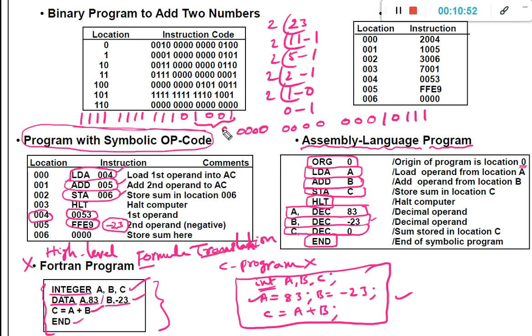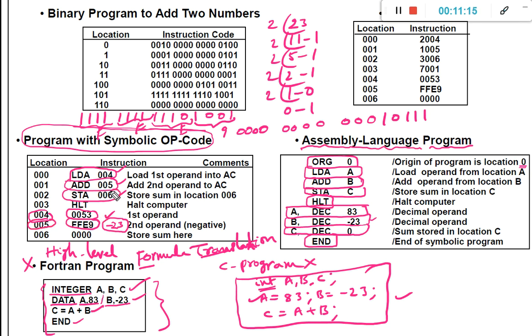That is 1 0 0 1 is 9, 0 1 1 1 is E... all ones F, all ones F. So what is the equivalent value? FE9. FE9 in 2's complement represents the value minus 23. So in location 005, the minus 23 value is residing.